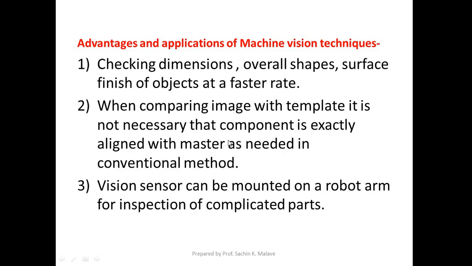Many times this question is asked: machine vision, its advantages and applications. Machine vision has a lot of advantages as well as applications. These techniques can be used for checking dimensions, be it linear dimensions or geometrical dimensions.